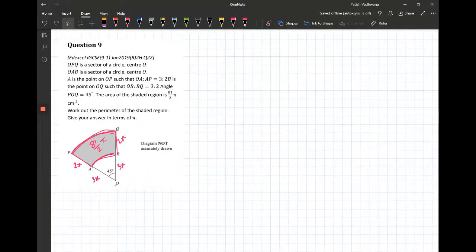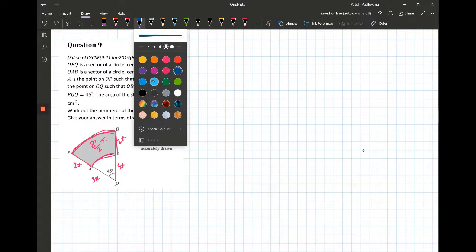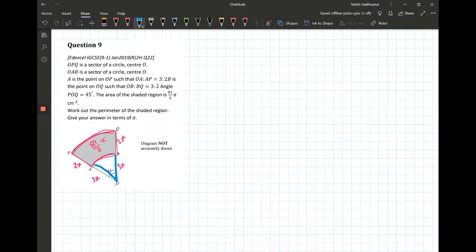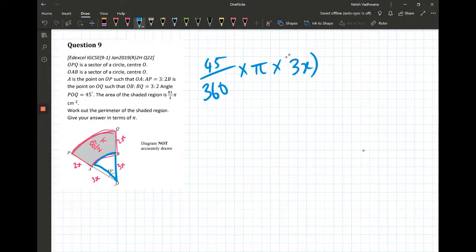So I know that I can find the area of the blue bit here by doing 45 over 360 times pi times r. Now the radius in this case is 3x, we don't know what x is, all squared. 45 over 360 they go into each other, so it's just 1/8 times pi times 3x squared, which is 3x times 3x, which is 9x squared.